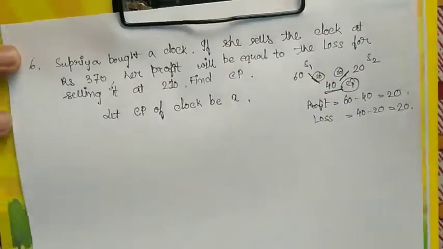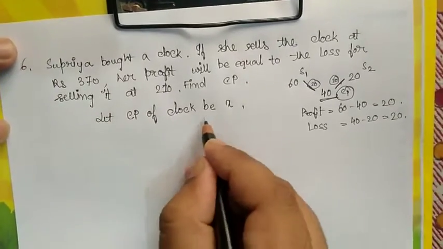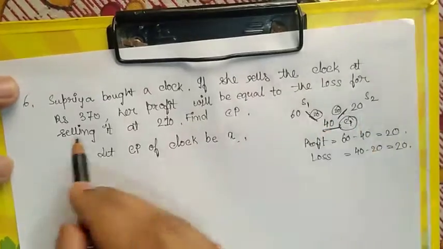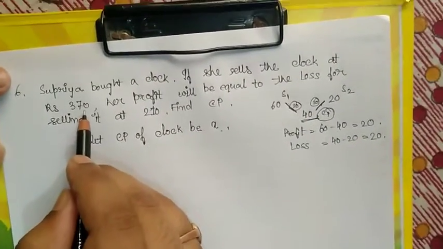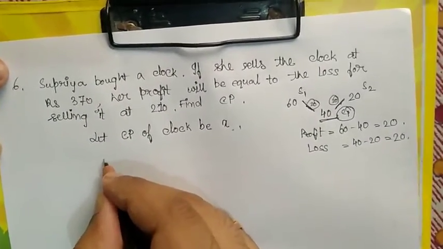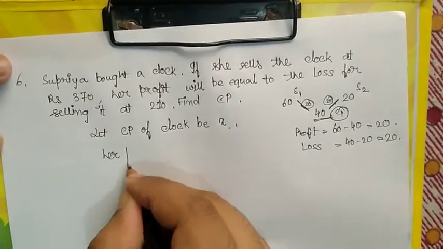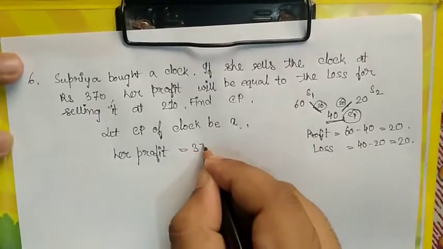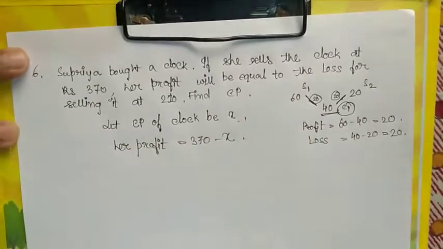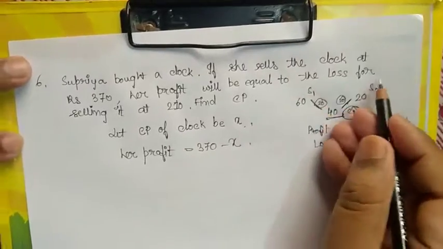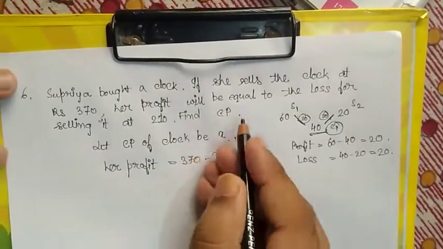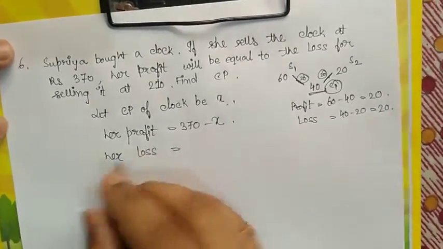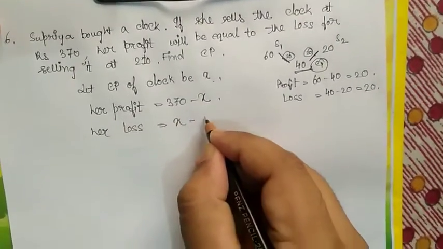In this sum, let CP of the clock be X. Therefore, if she sells the clock at rupees 370, her profit is 370 minus X, which will be equal to the loss for selling it at 210, and her loss is X minus 210.